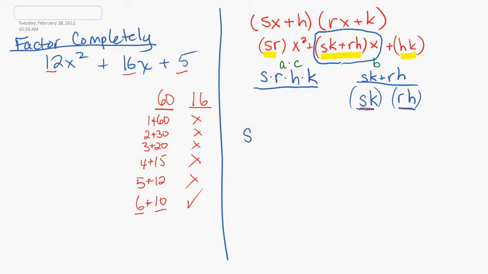I'm going to do sr times x squared, that hasn't changed, plus sk times x, which was my first number that I found, plus rh times x, which was the second number I found. So I've taken that middle term, the b value, and broken it into just the two numbers that I found that added to b and also multiplied to ac. And then I keep my hk.